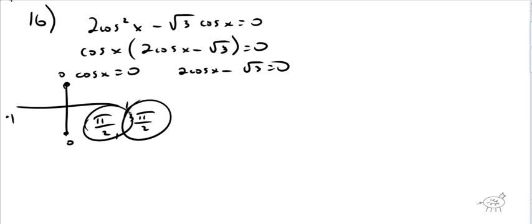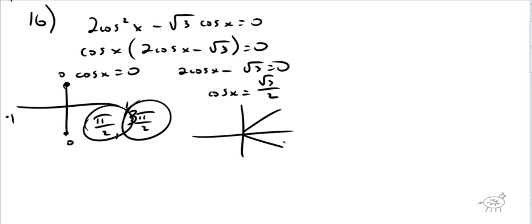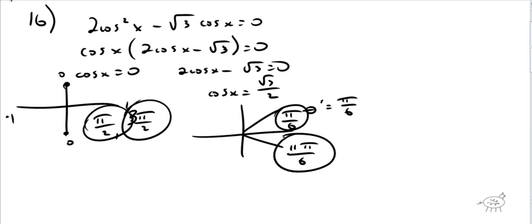And then this one here, it's going to be cosine of x equals √3 over 2. It's positive, and cosine's positive here and here. So cosine of what is √3 over 2? Reference angle is pi over 6. So that means this one is pi over 6, and this one is 11 pi over 6.